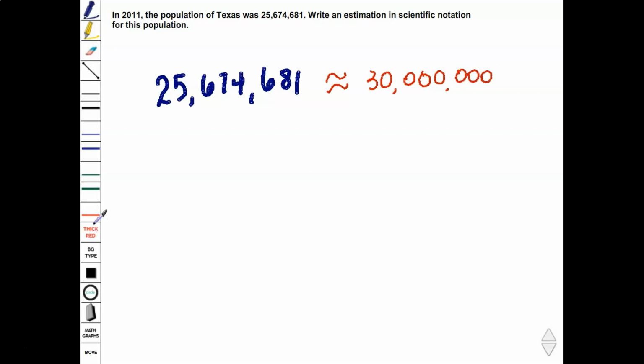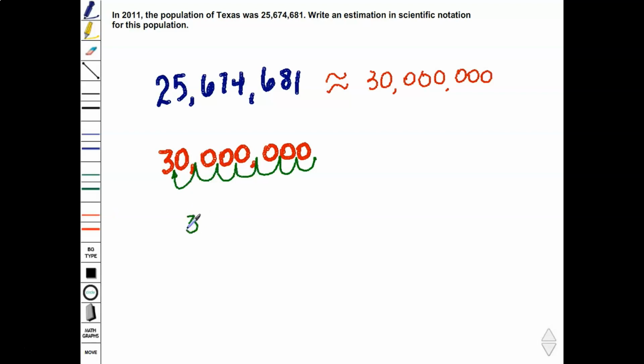So what we'll do is write 30 million using scientific notation. The decimal is at the end of the number, and you'll notice we move 1, 2, 3, 4, 5, 6, 7 places to the left.